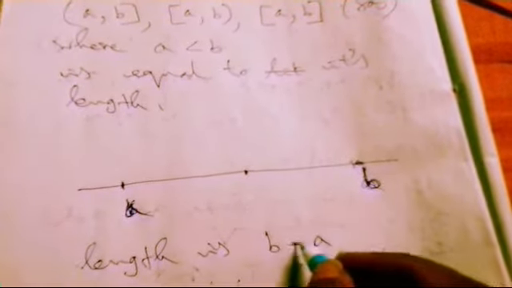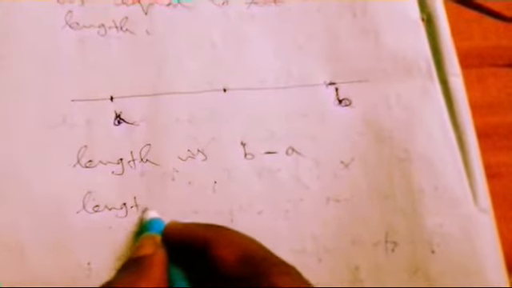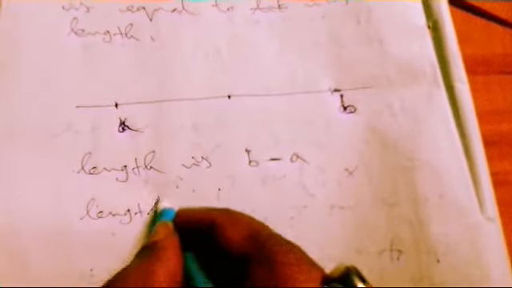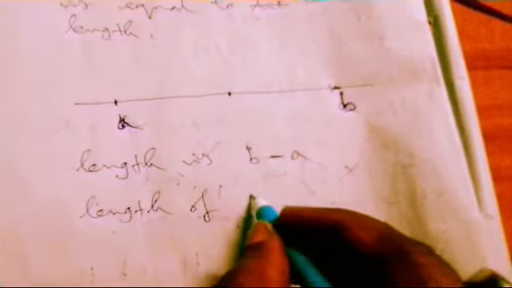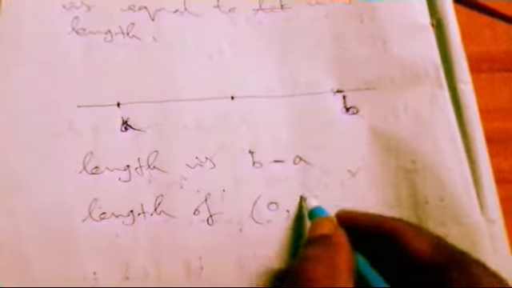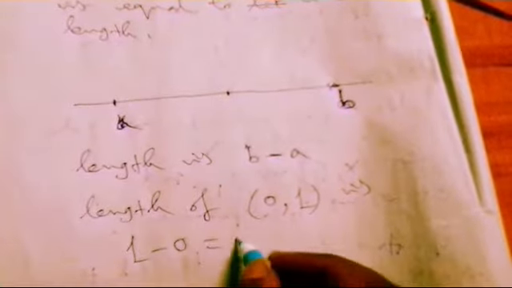Actually this is called our length. So for an open interval like (0, 1), it is 1 minus 0, which is 1.